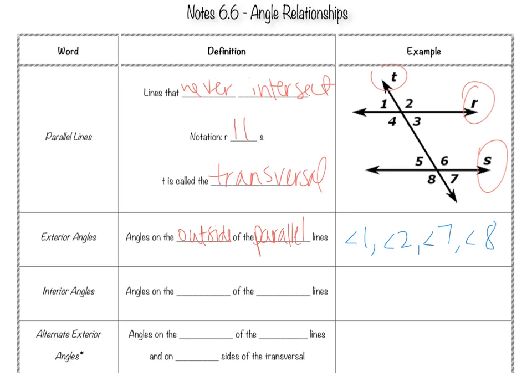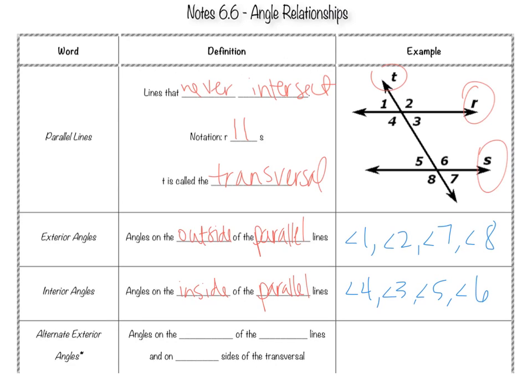All of those angles are on the outside of the parallel lines. The interior angles are angles that are on the inside of the parallel lines. So examples of interior angles would be angle 4, angle 3, angle 5, and angle 6.